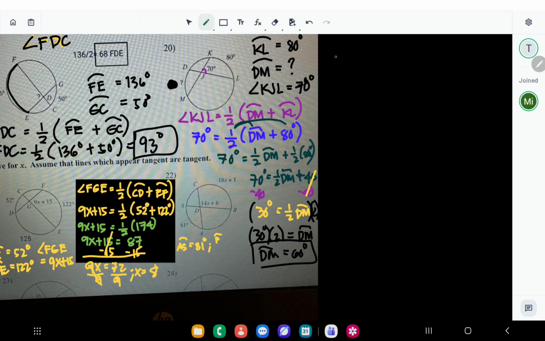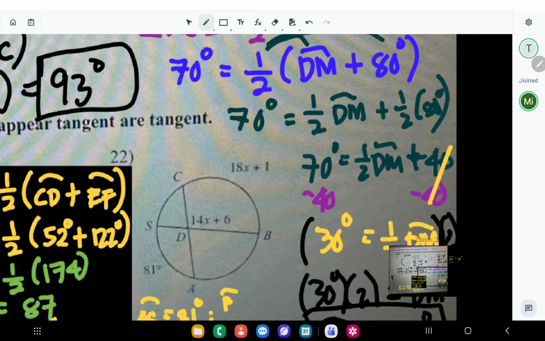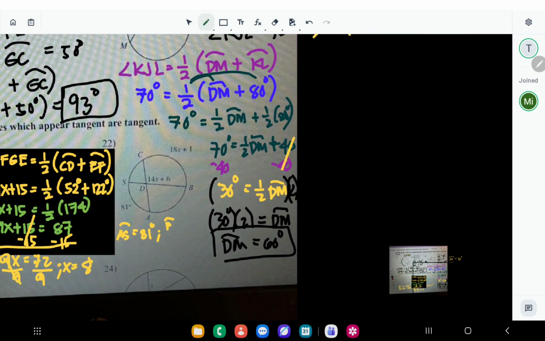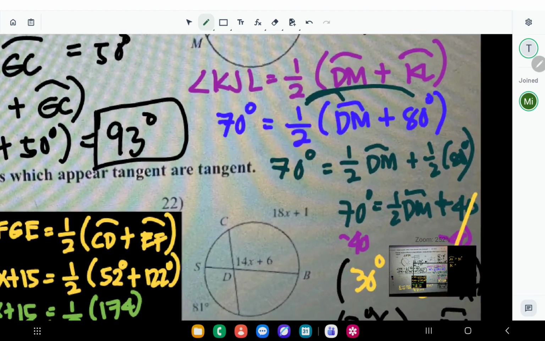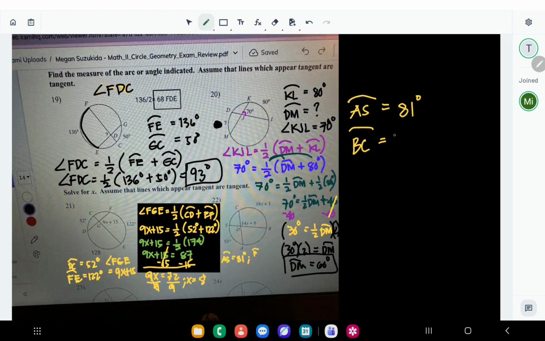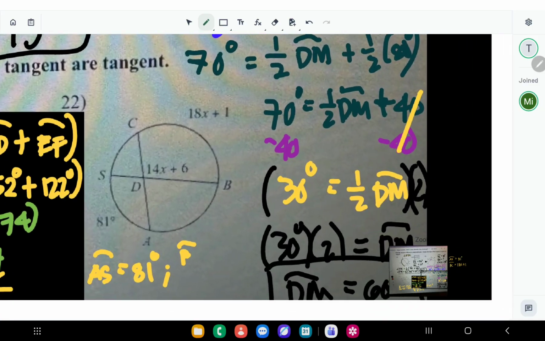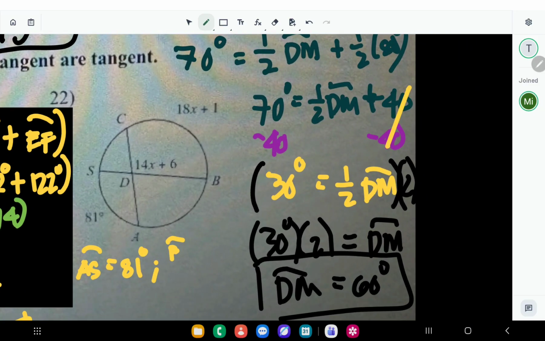So arc AS is equal to 81 degrees. Then arc BC is equal to 18x plus 1. Then the angle formed, BDC, is 14x plus 6.